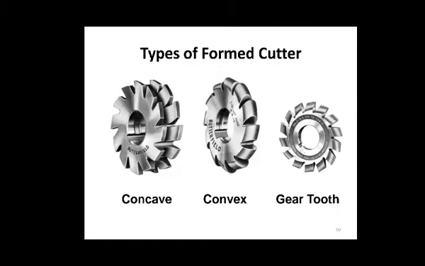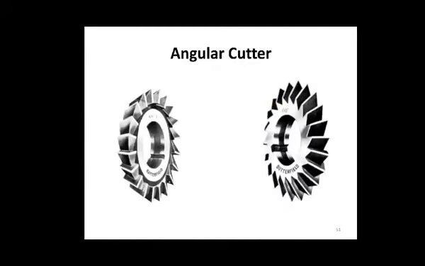Next is the angular cutter. The teeth are neither parallel nor perpendicular to the cutting axis. It is used for milling angular surfaces for grooves, serrations, chamfers, and reamer teeth. These are divided into two groups: single angle milling cutters and double angle milling cutters.